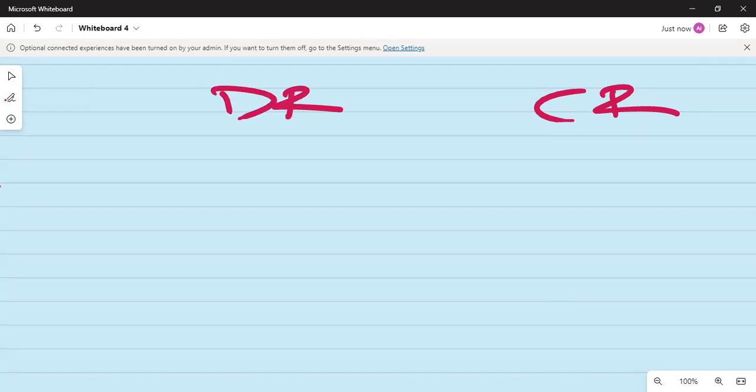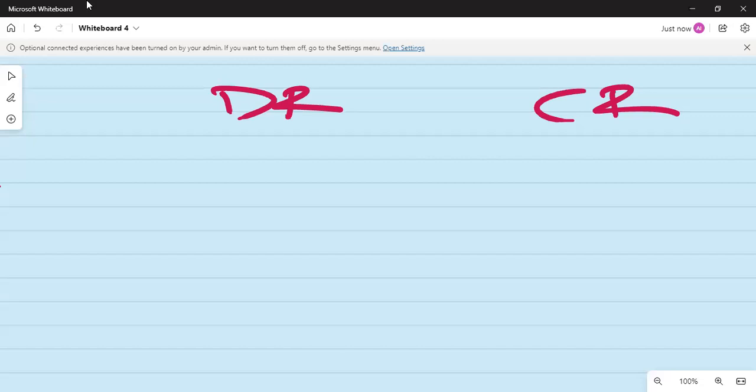And don't forget, you know already that every item in the financial statement can be categorized into five. Either it is asset, or liability, or equity, or income, or it is expenses.